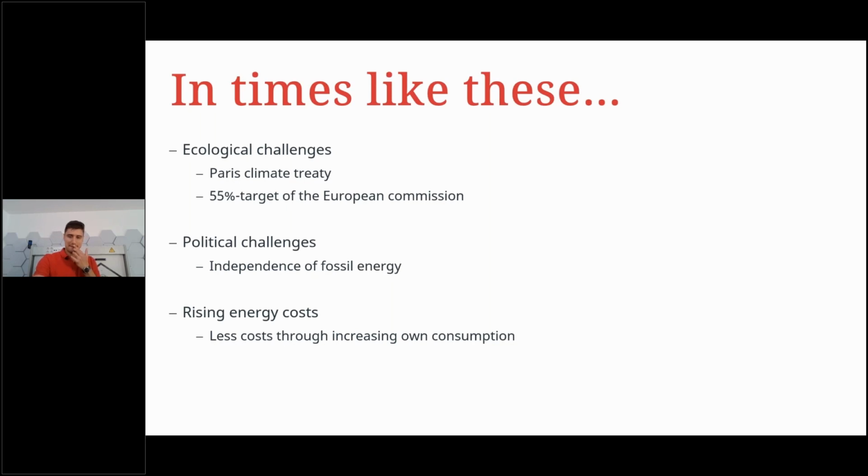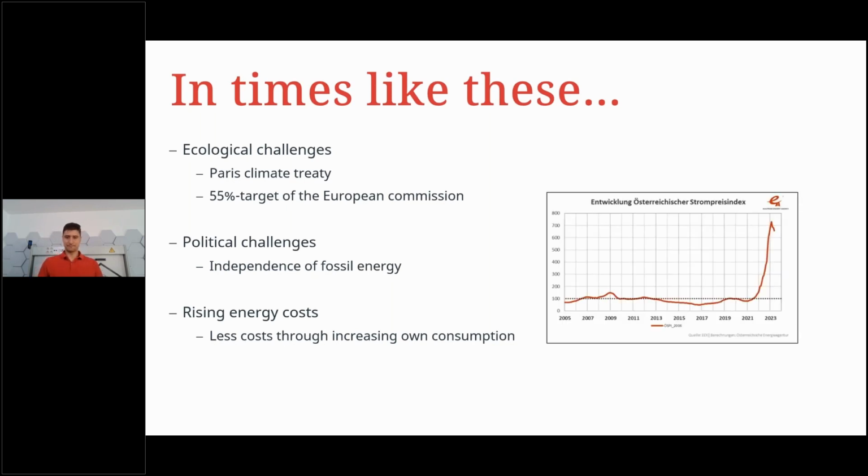You see here on the right-hand side the development of the Austrian energy prices. As you can see, it was more or less on the same level from 2005 until 2022, and since then the prices have risen sharply, by a 7 times increase between 22 and 23.